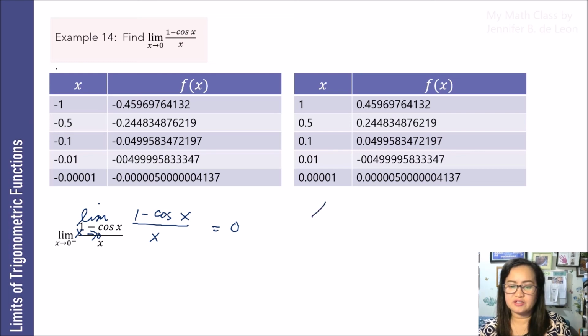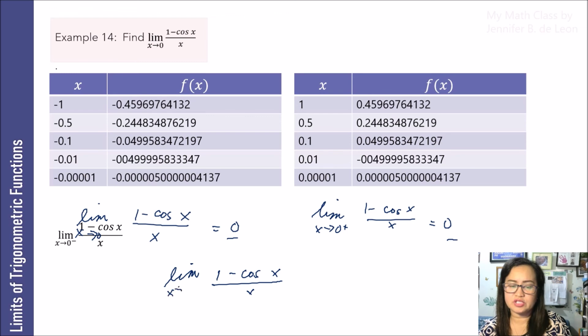So the limit of 1 minus cosine x over x as x approaches 0 from the right is 0. Now since they are equal, we can say that the limit of 1 minus cosine x all over x as x approaches 0 is really equal to 0.